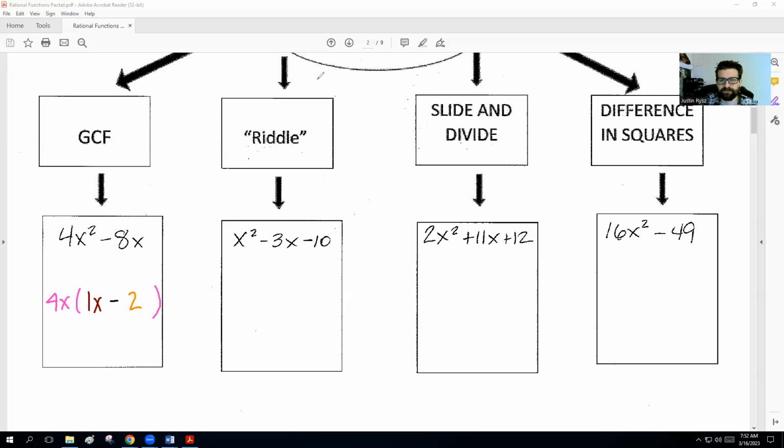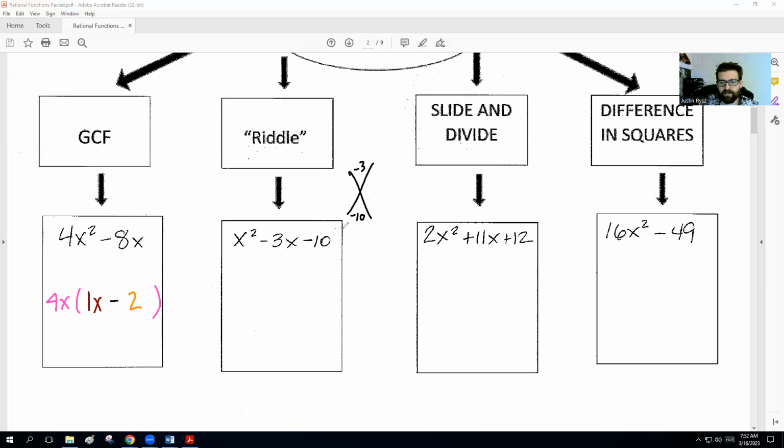All right, next, we went over trinomial factors. Basically, we're looking to see what 2 numbers multiply together to get the last number, negative 10, and add together to get the middle number, negative 3.